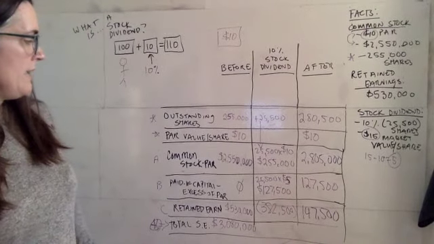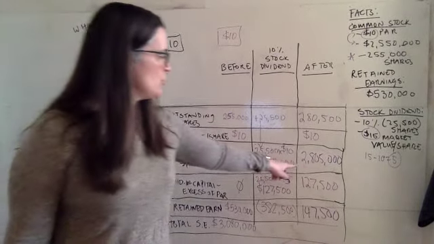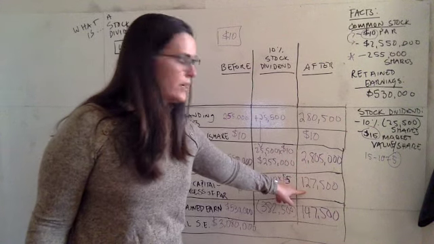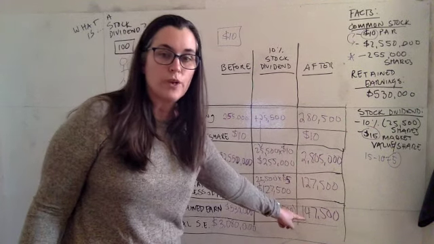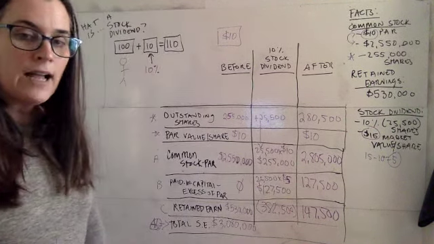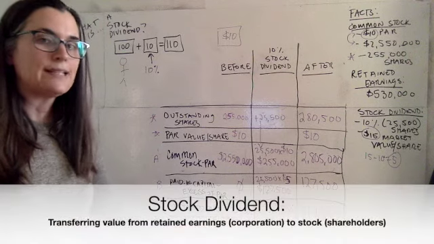And look at what we have here. If you add 2,805,000 plus 127,500 plus 147,500, you get $3,080,000. It's the same as before, okay? Our total stockholders' equity, the bottom line total, has not changed.